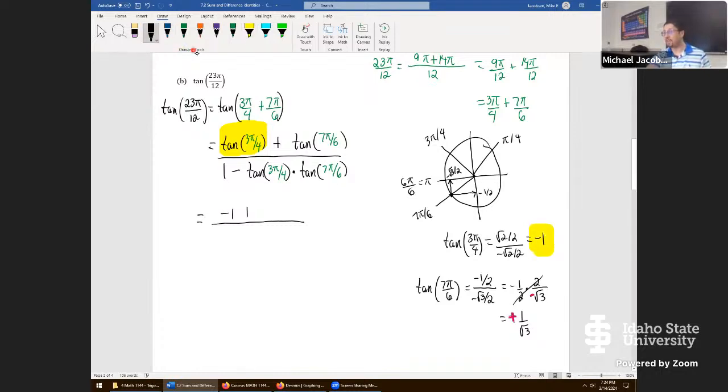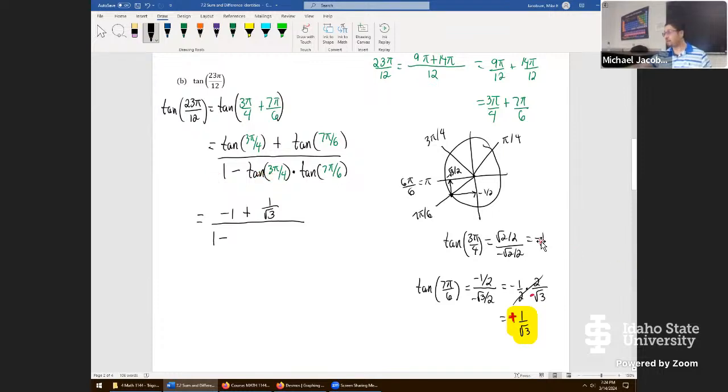That whole thing is negative 1 there, plus we move over to this term, 7 pi over 6. That's where we had the 1 over root 3, positive. So plus 1 over root 3 would go right there. Does that make sense to folks on how we're evaluating? Awesome. Then down in the denominator, I'm copying to start 1 minus.